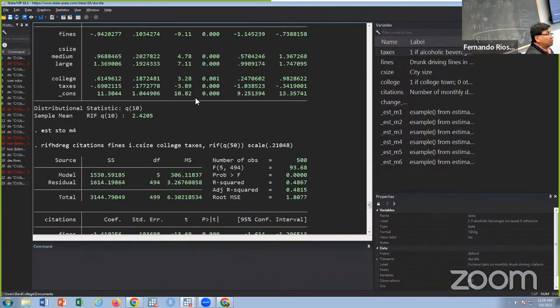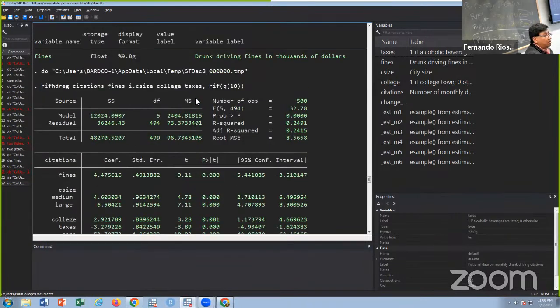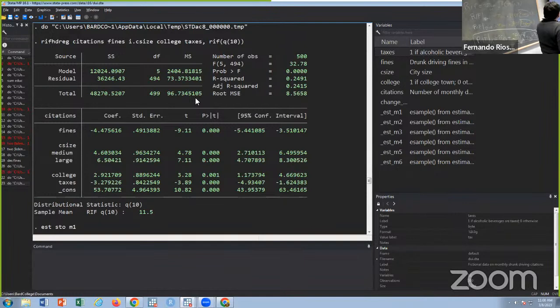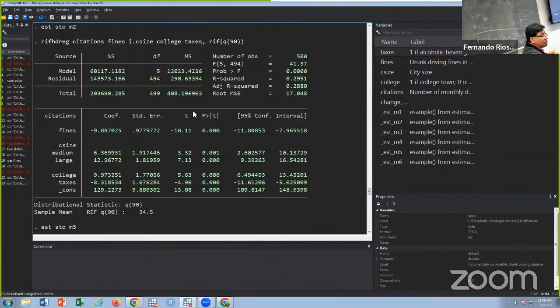And then you go over here. Originally, for the 10th percentile, one had only 11.5 citations on average. That's the number of citations that you would see at the 10th percentile. At the 90th percentile, you had 34.5 citations. So you look at the distribution of citations.